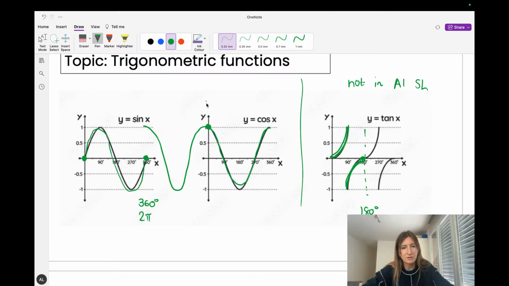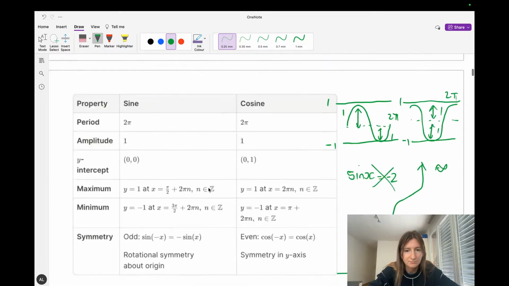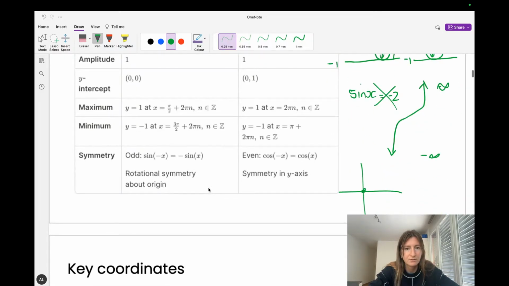If you folded it over the y-axis, it would be the same. We call that an even function for the HL among us. When it's symmetrical about the y-axis, that's an even function. And this one, symmetrical about the origin. So that gives us these values that we will use, but not so much in SL.